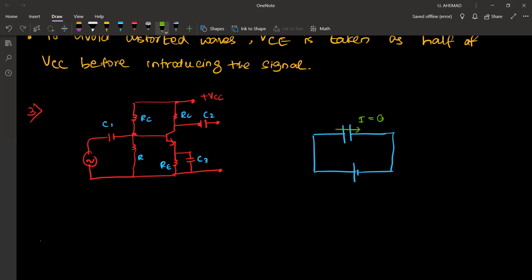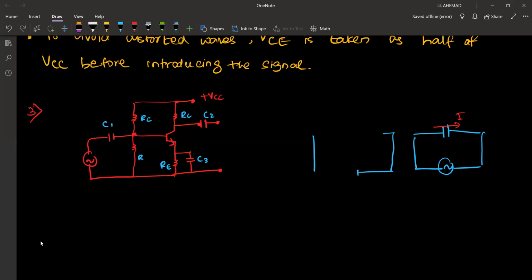And if we have an AC source, the direction of current will be changing with time. Therefore, this capacitor won't get fully charged. Hence, it will allow the current to flow through it. That property is important. A capacitor will block DC current but allow AC current.